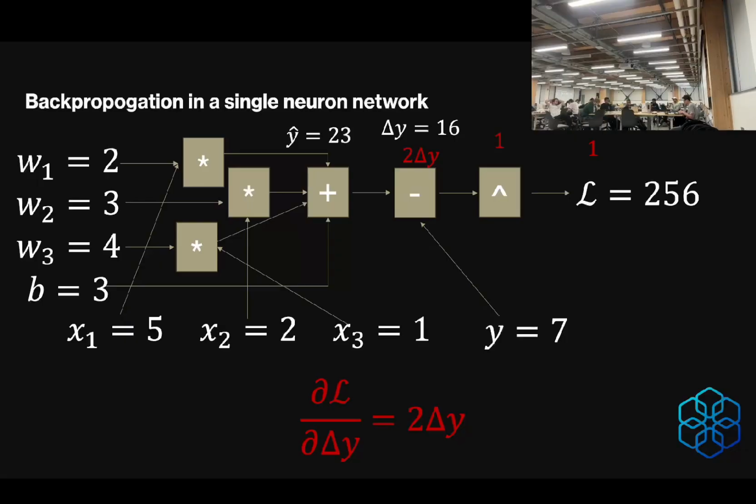So since we do know that delta y is equal to y minus y hat, and we know that the derivative of the loss with respect to delta y is going to be equal to 2 delta y. Given what we know about backpropagation and the chain rule, what is this going to be?